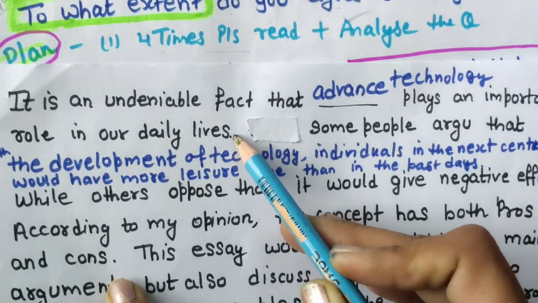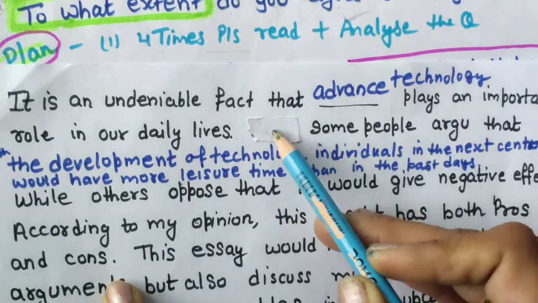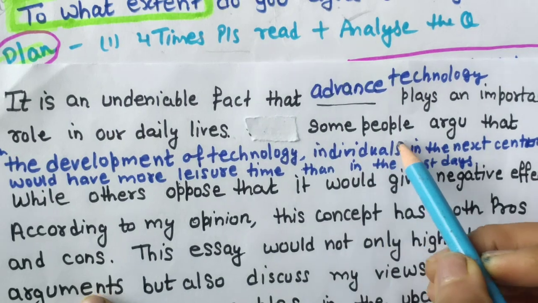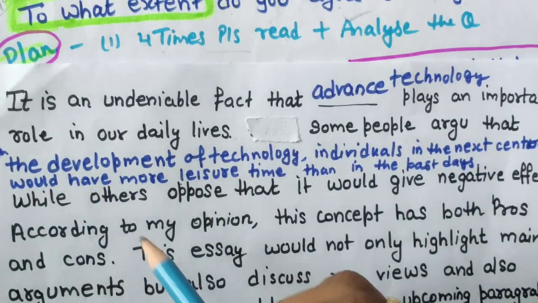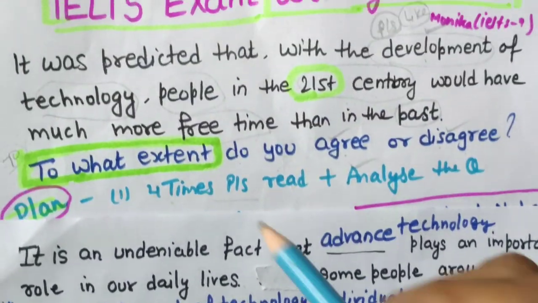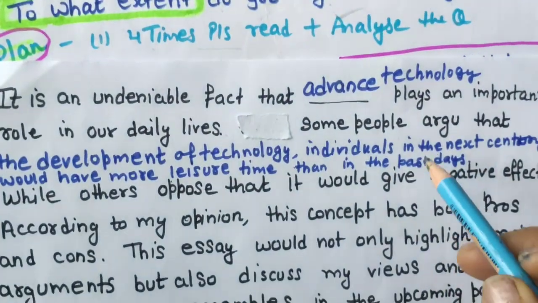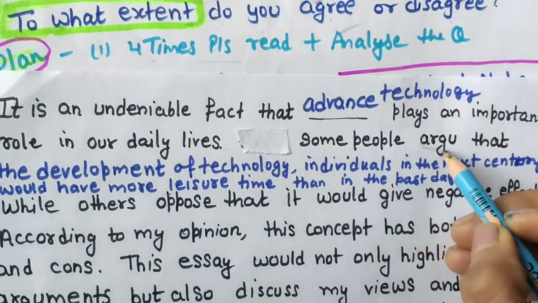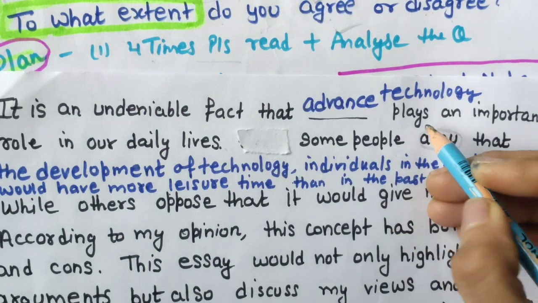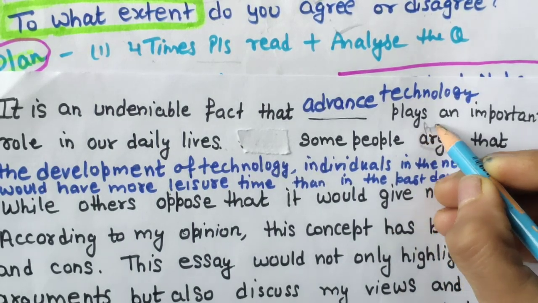Some people, now there is a full stop, there was a mistake, that's why I have done this. Some people argue that, now I have not written prediction. Instead of argue, you can read: some people predicted that. You can change this word.